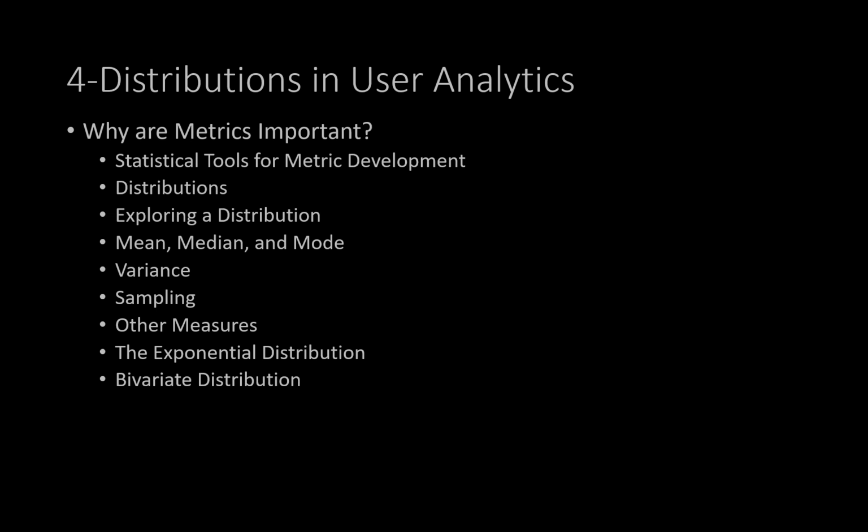Second is the median. Median is calculated by arranging all the values in order and picking the middle value. If there are two middle values, then we sum those two middle values and divide by 2.